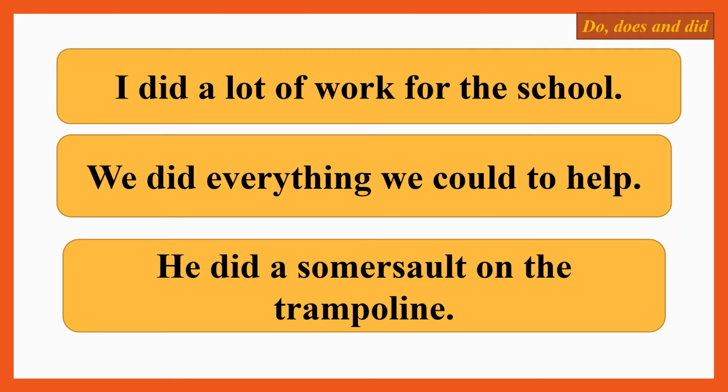The second sentence is, we did everything we could to help. And the third sentence is, he did a somersault on the trampoline. Children, in all three sentences, we use did. Did is the past tense of do, and did is used with all the subjects.